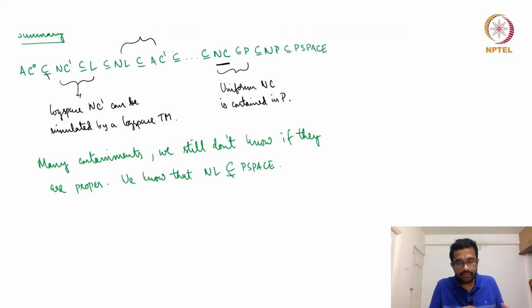It cannot be that everything is equal. If everything were equal, then NL would be equal to PSPACE, which we know is certainly not true. But we don't know which one. I'm just trying to see if there are any other strict containments that we know. Seems like no. I think everything else is still open.